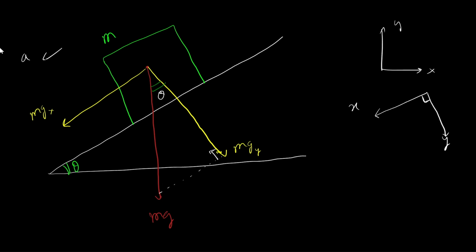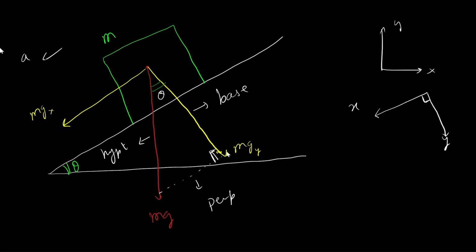Therefore, I can just extend this and drop a perpendicular right over here, right? In this scenario, we can see that the angle theta and the perpendicular rests on this side of the triangle. Therefore, this becomes the base, this becomes the perpendicular, and this becomes the hypotenuse.